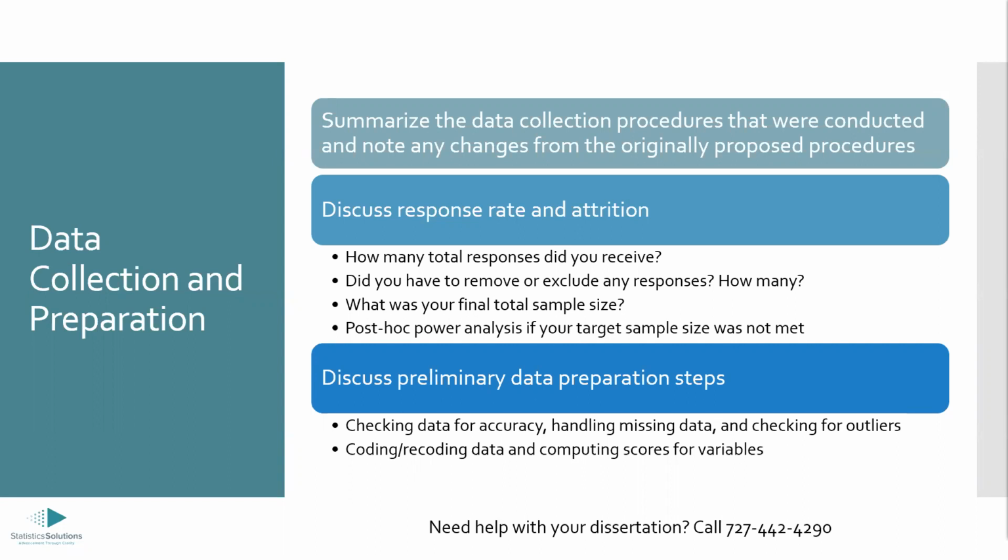So maybe some participants didn't meet your eligibility criteria, or maybe some participants were missing too much data to include them in the sample. So whatever the reason may be that you might have to exclude responses, you'll want to report that. So you'll want to say how many responses you excluded and for what reasons. You'll want to report the final total sample size after you account for all of the exclusions or attrition.